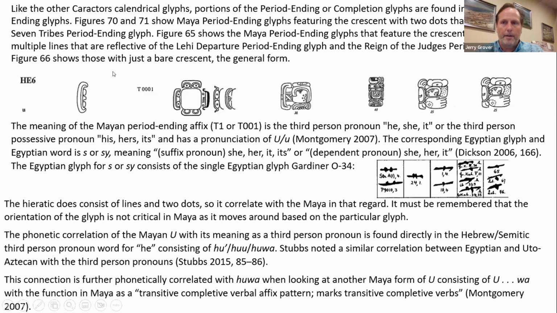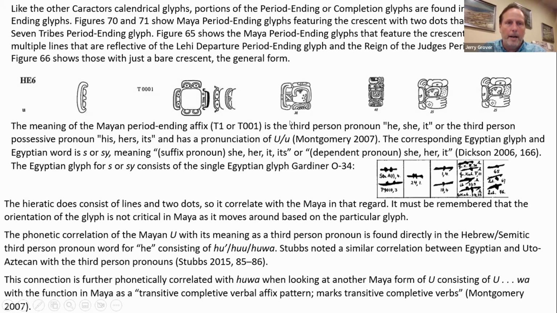And then looking at the Maya, these are the period ending glyphs in the Maya. With the U is the phonetic, is the name, is the word. As you can see, they have some dots. They have that form, kind of the curved form. Some have lines, so they do use the lines as well, along with the dot forms.